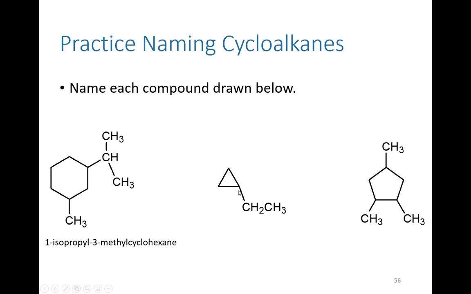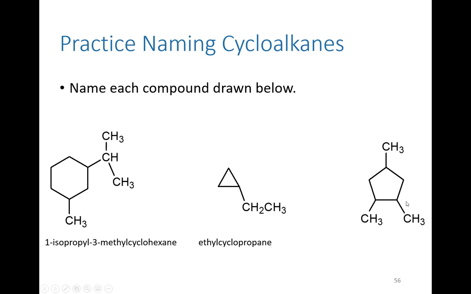In the next compound, since there's only 1 substituent, that automatically makes this carbon number 1, and so we don't have to number in the name. We'll just say ethyl, and then the name of this group here, which is cyclopropane. Again, it's cyclopropane because propane is 3 carbons. This is a ring of 3 carbons. Ethylcyclopropane.